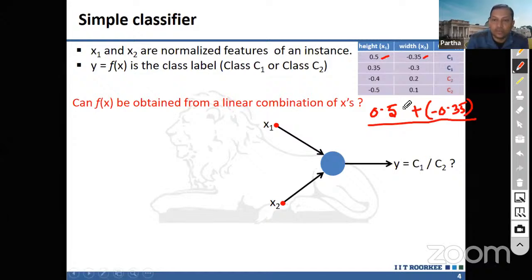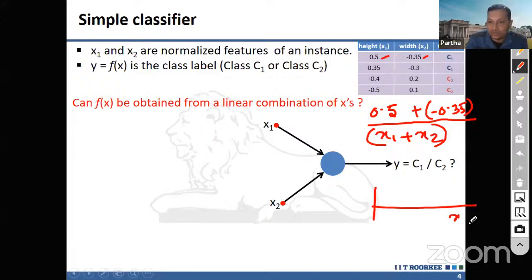So if I just combine x1 plus x2, I'm just making a summation of these two features, and then whatever value comes, I make a prediction according to the threshold. For whatever fish example comes, I add x1 plus x2, make a threshold, and then decide whether it is 0 or 1 here.